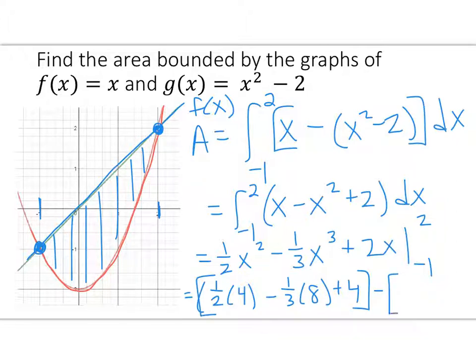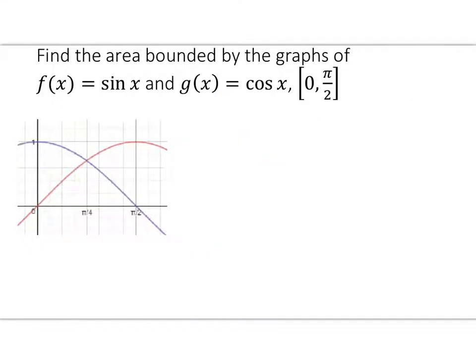So then I'm subtracting -1 squared is +1, so that's going to be 1/2. -1 to the third is -1 times -1/3 is +1/3, and then minus 2. And now however you simplify these, you can plug that into a calculator. When I go through all of this and simplify here, I'm going to end up with 9/2 for my area.